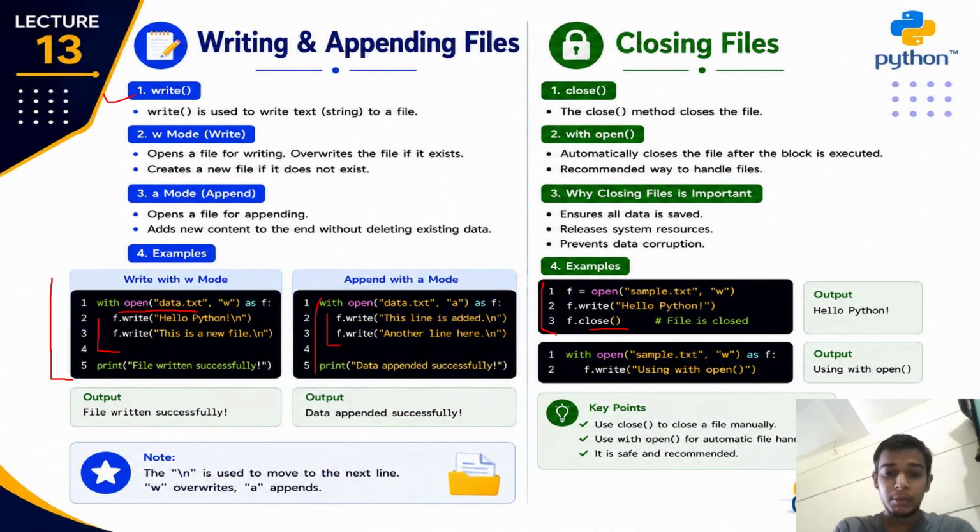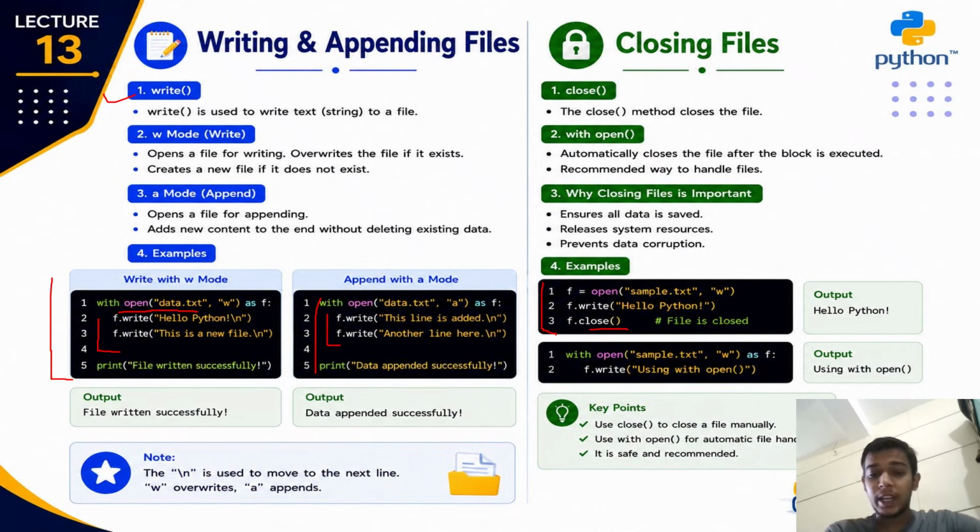Python automatically closes the file when the with block finishes. This is the recommended way to work with files because we don't have to remember to call close manually. So closing a file is important because it helps ensure the data is properly saved, releases system resources, and reduces the chance of file related problems.